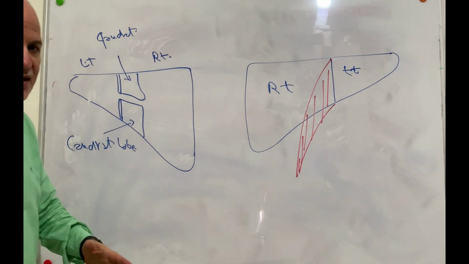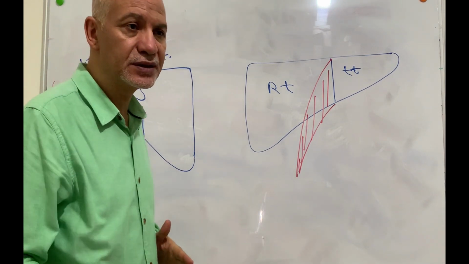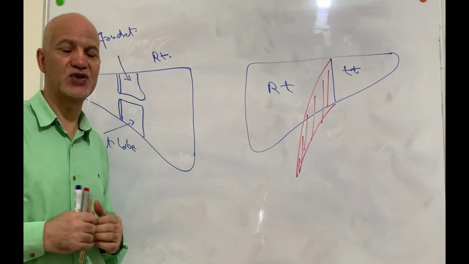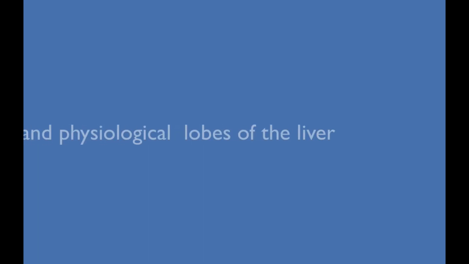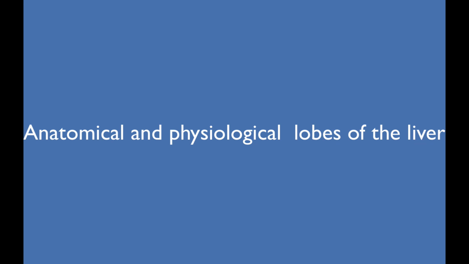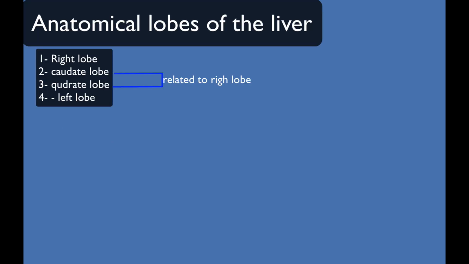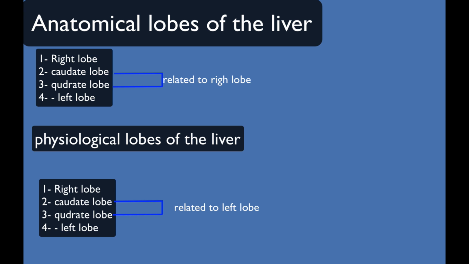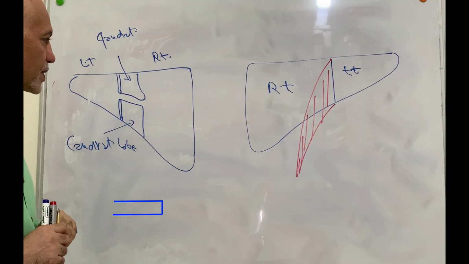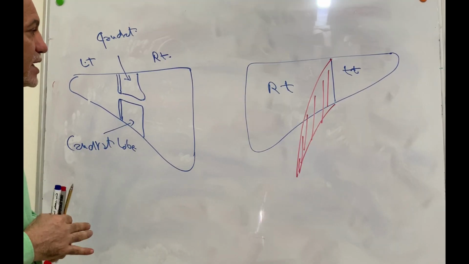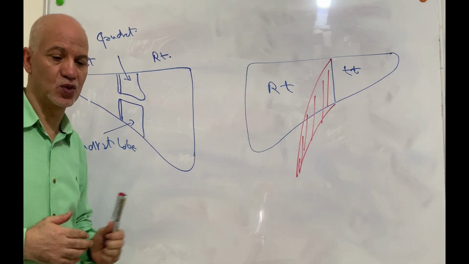So we can divide the liver into anatomical lobes and physiological, functional lobes.